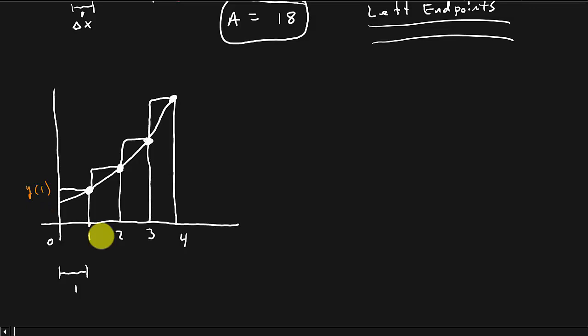Y of 1. To get to this height here, we have to plug 1 in. Let's go ahead and write our function down here. So we would have to plug 1 into here to get this height. What about this height? We would have to plug in 2. This height, we would have to plug in 3. And this height, we would have to plug in 4.